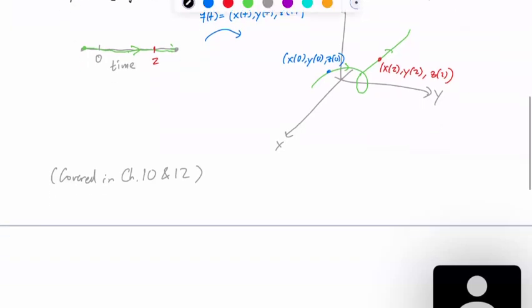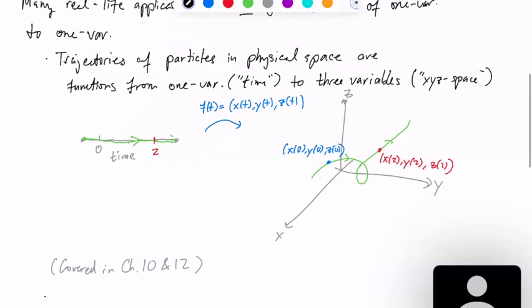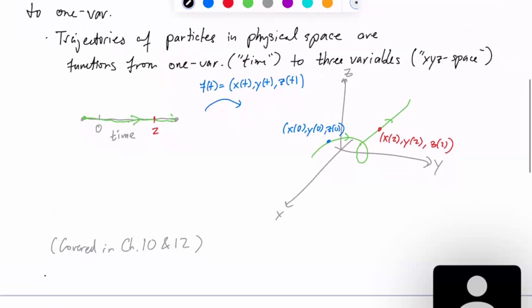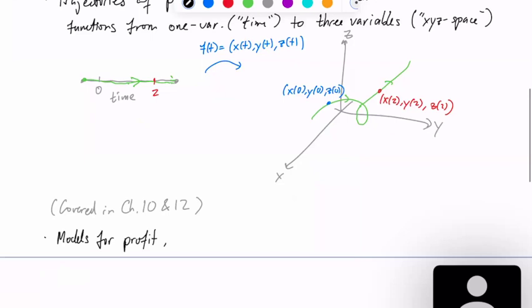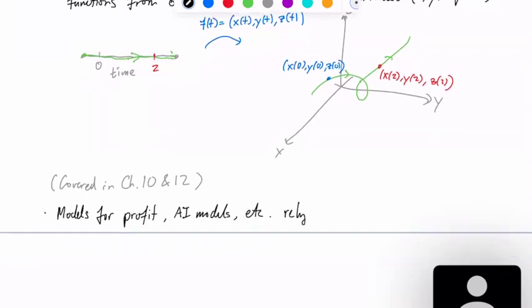And conversely, you also have other situations. So trajectories are the prototypical example of functions of one variable into more than one variable. And then, like I said, you also have models for profit, or you could have, say, AI models, etc. They rely on functions of several variables into one variable.